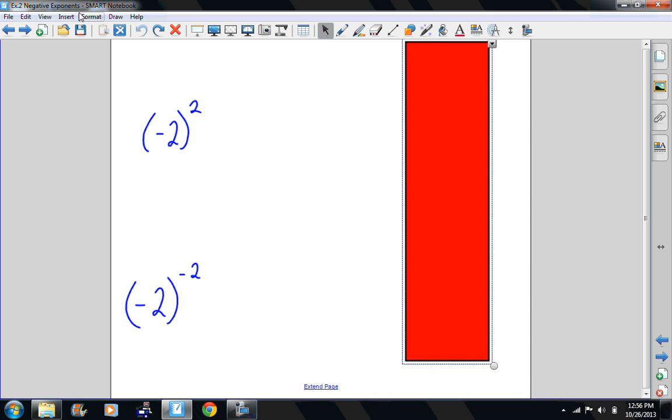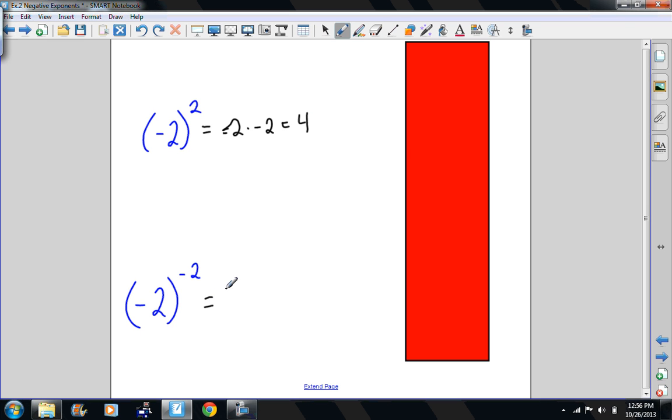So if we go back to what we did yesterday, or whenever you watched the last video, negative 2 squared would be just negative 2 times negative 2, which would be a positive 4. But the problem we have now is, what if this negative goes up to the exponent as well?